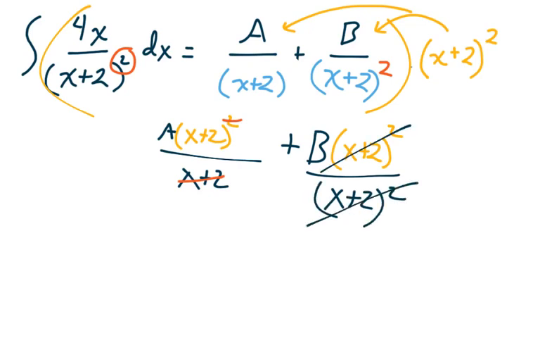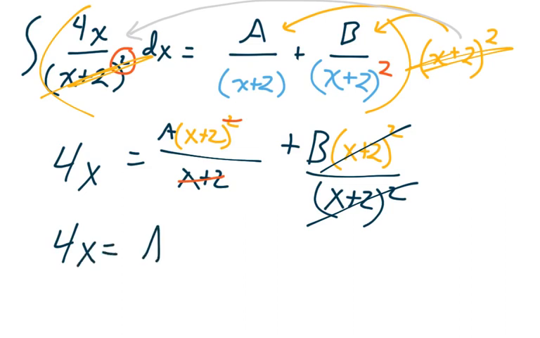Now, don't forget about multiplying it over here to the other side, but when you do that, you find out that it also completely cancels, which leaves us with a 4x. So we have 4x, we have A times x plus 2, and just B. Now, when you go through the steps of solving this equation, remember you're solving it for A and B. So you do want to, as we often do, distribute here so you can start to collect some terms.